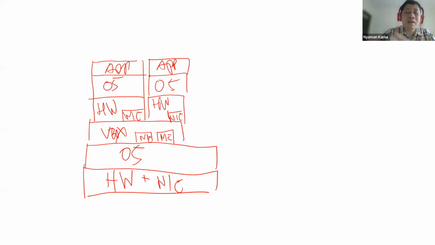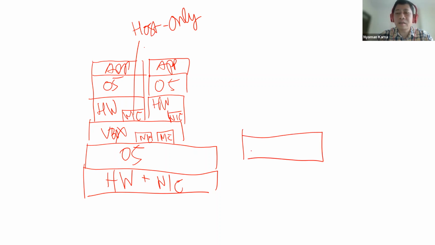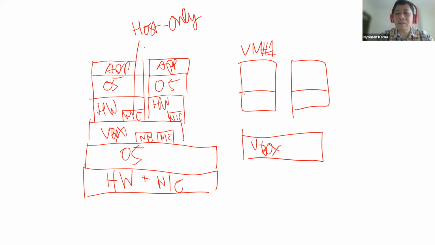Now, this network interface card can be configured with a lot of devices, a lot of settings. The first one is something that we call host only. In host only, let's say this is the VirtualBox, and then this is my virtual machine number 1, and then this is my virtual machine number 2, and both of their network interface cards are configured as host only.